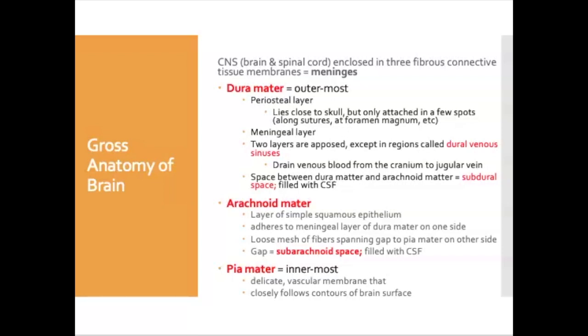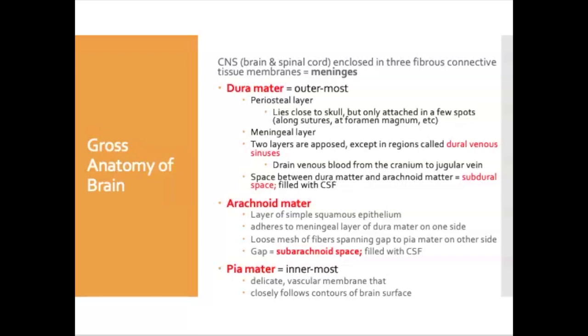It tends to be attached along the suture lines of the skull and also down in the area of the foramen magnum, but it's not attached all over. Now, the inner layer of the dura mater is the meningeal layer. That's the side that faces the arachnoid mater.